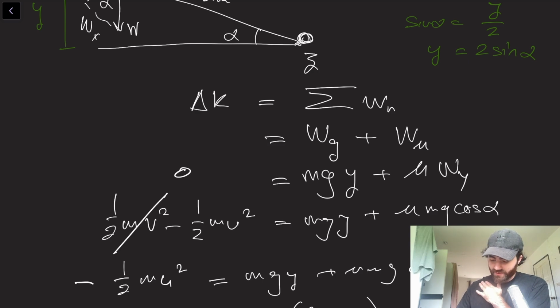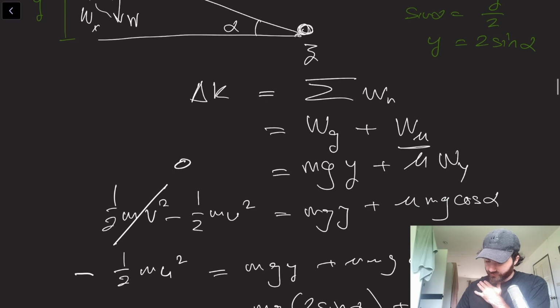I'm getting weight and work confused. This thing here is the work done by the frictional force, or against the frictional force. So this would be this. I'm going to write like this. This will be this.